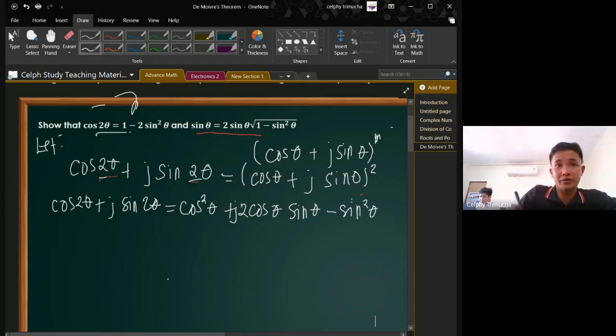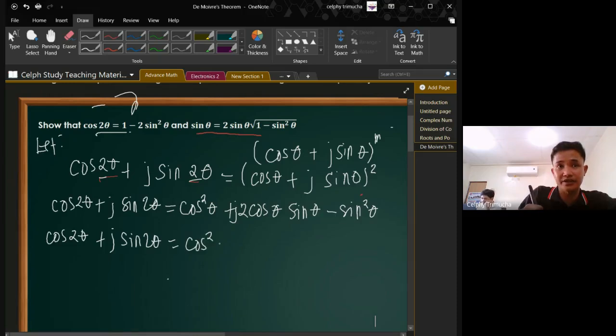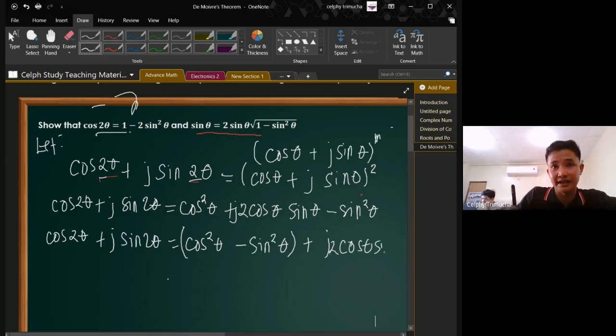So we now have cosine 2 theta plus j sine 2 theta is equal to, so ipunu natin ang wala j, so we have cosine squared theta minus sine squared theta plus j times 2 cosine theta sine theta.